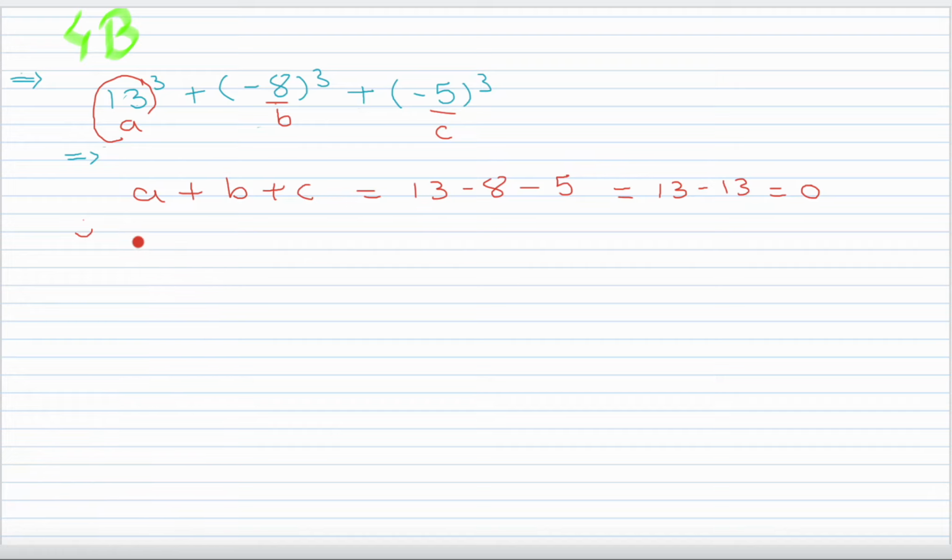Therefore, by that property, a cube plus b cube plus c cube is equal to 3abc. So you can multiply 3 into a, which is 13, multiplied by b, which is minus 8, and multiplied by minus 5.